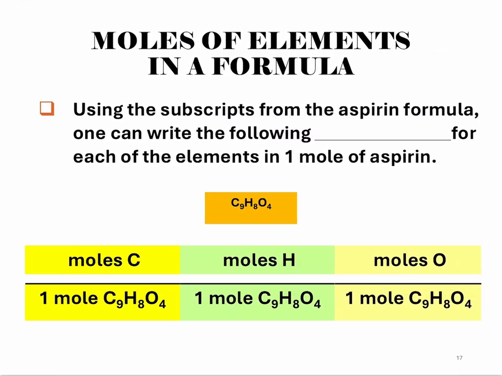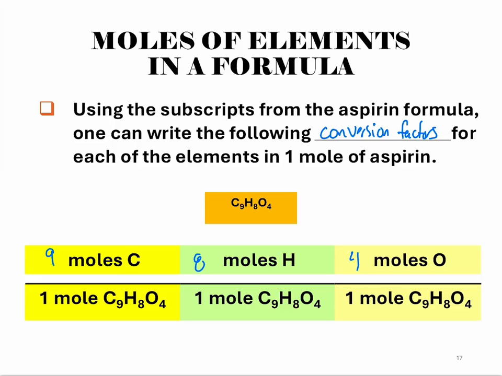And so if we're given a molecule, just the chemical formula gives us conversion factors for each of the elements in 1 mole of that substance, which means that we have 9 moles of carbon for every 1 mole of aspirin, 8 moles of hydrogen for every 1 mole of aspirin, and 4 moles of oxygen for every 1 mole of aspirin.